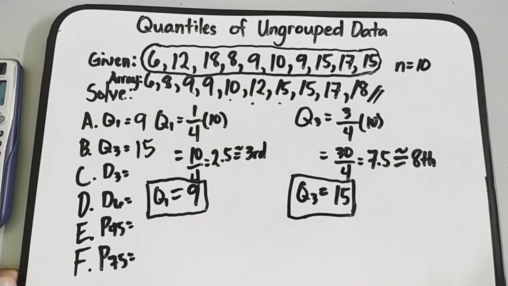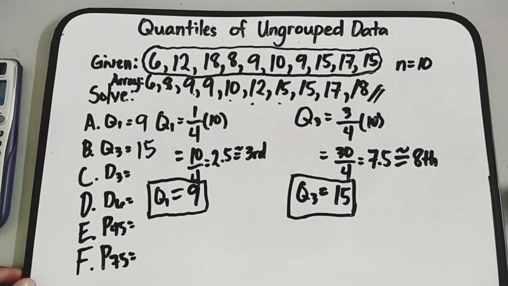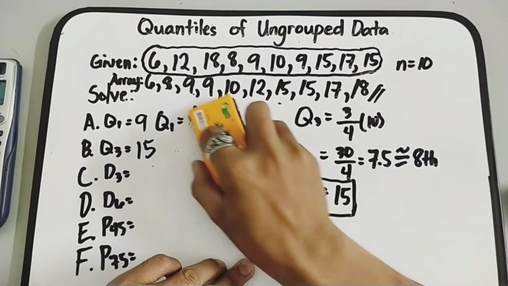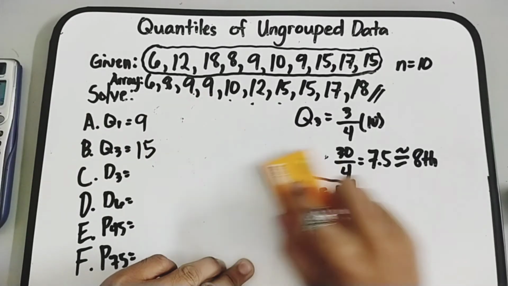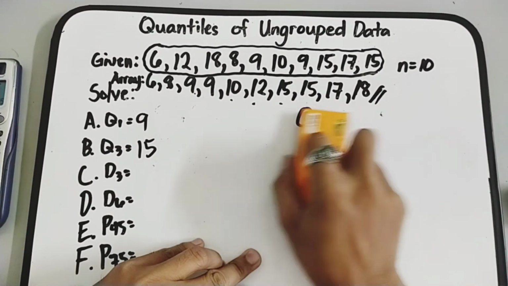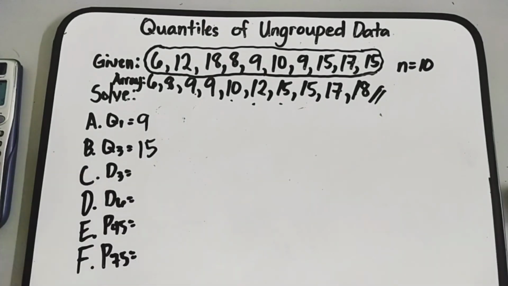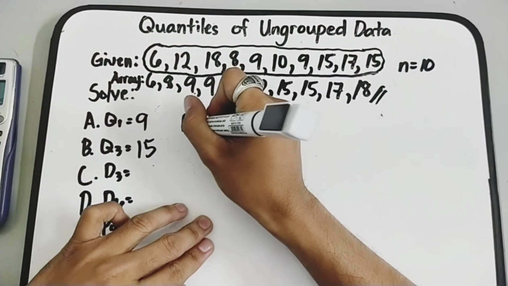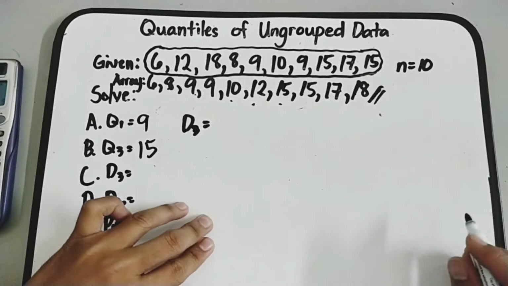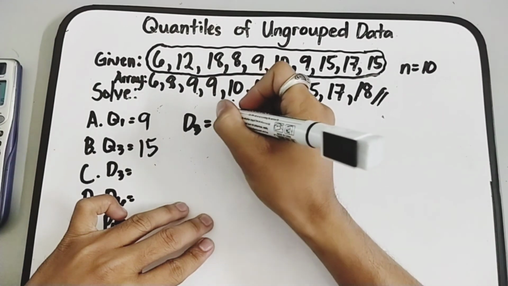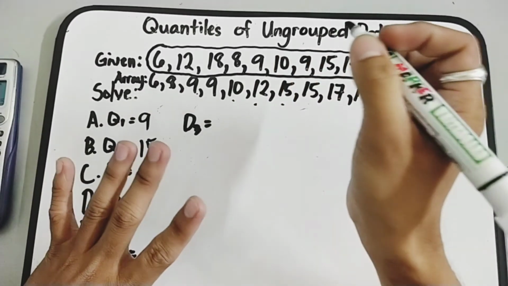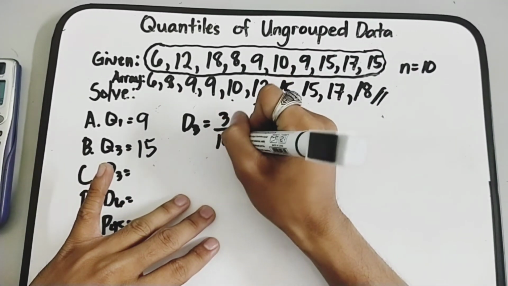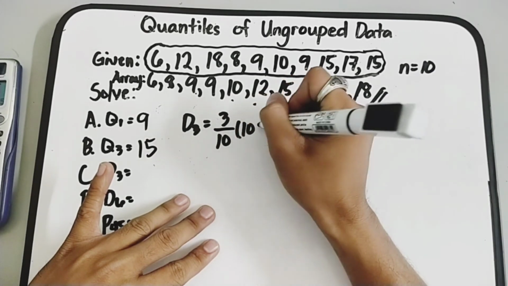Ngayon, hanapin naman natin yung decile 3 tsaka yung decile 6. So now we are going to find our decile 3. Pag kinukuha yung decile, it divides the data into 10 equal parts. Kagaya na ito, we have 3 over 10 times 10. Bakit 10?